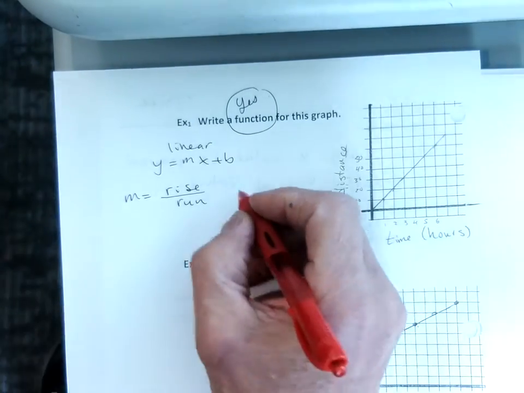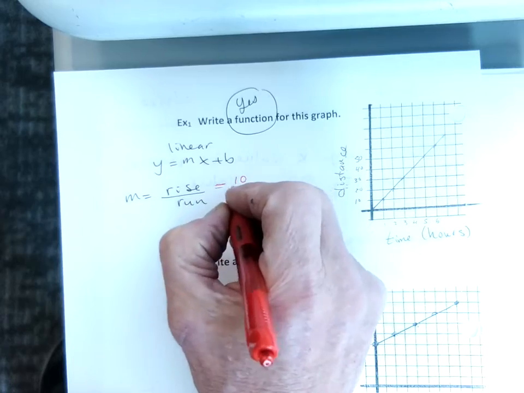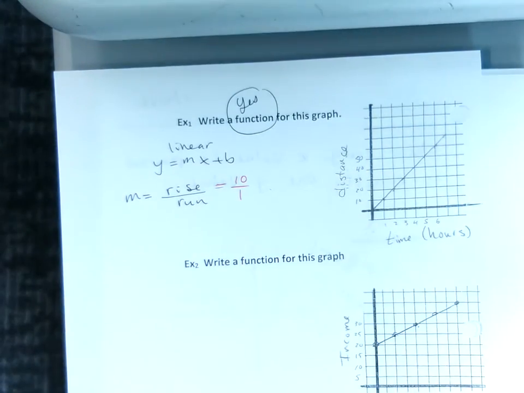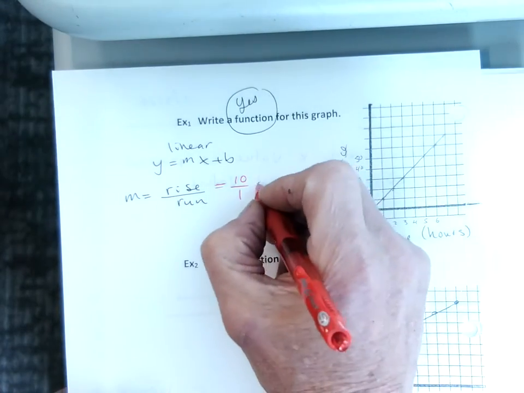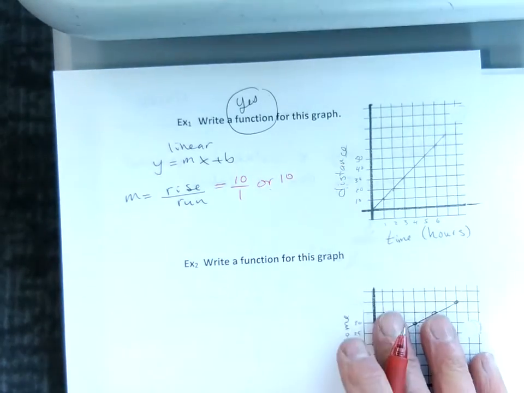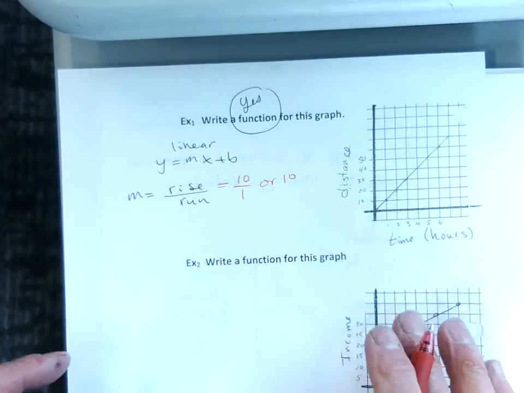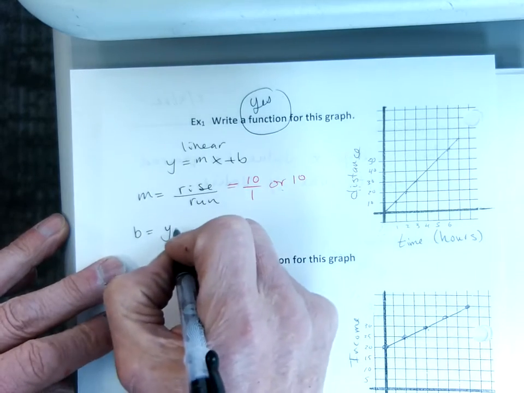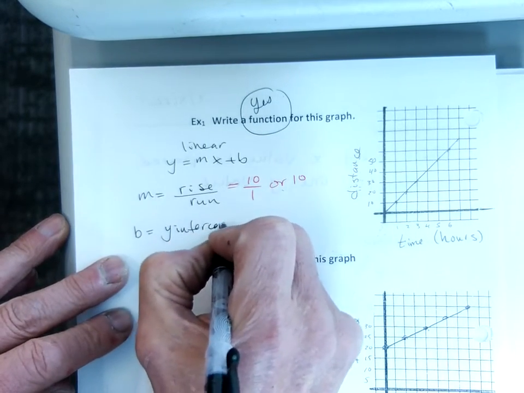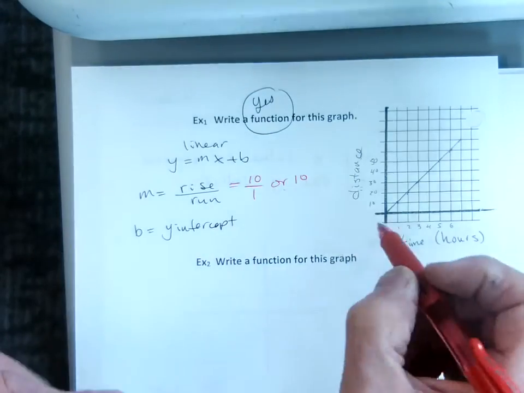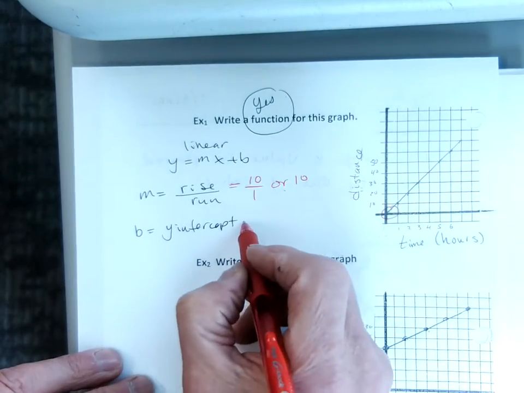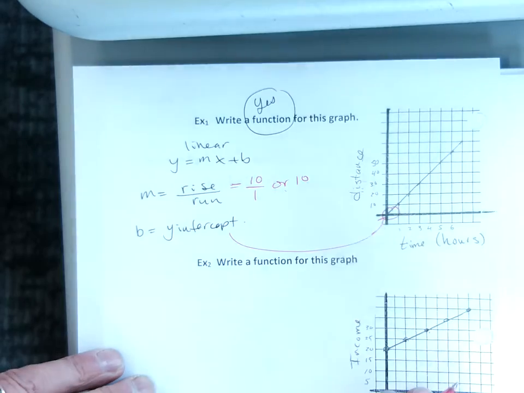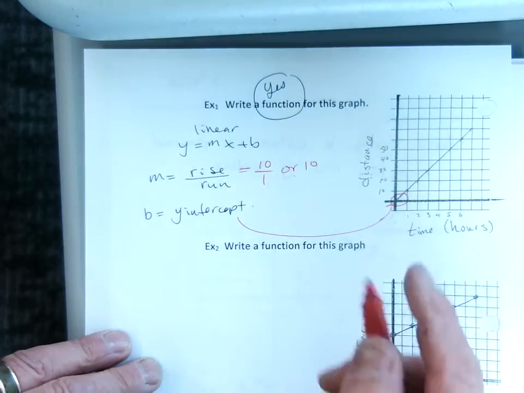So it appears that it's up 10 over 1. That's my slope. Or 10, okay? Same thing. The b is the y-intercept, which is right there, which is 0.